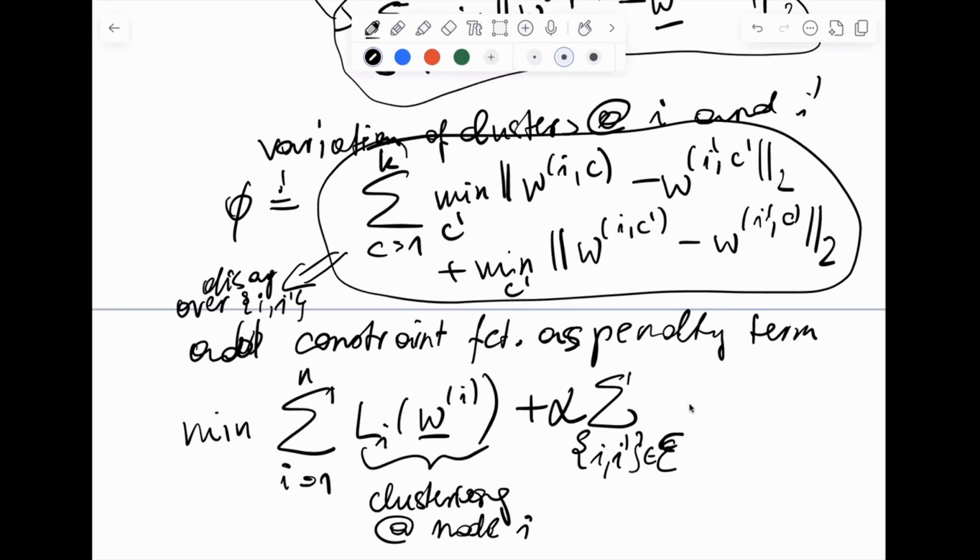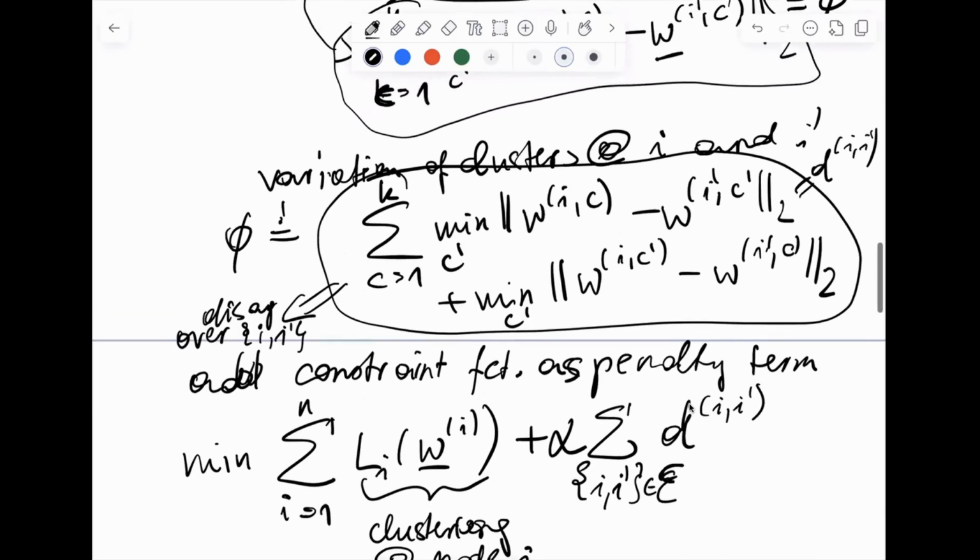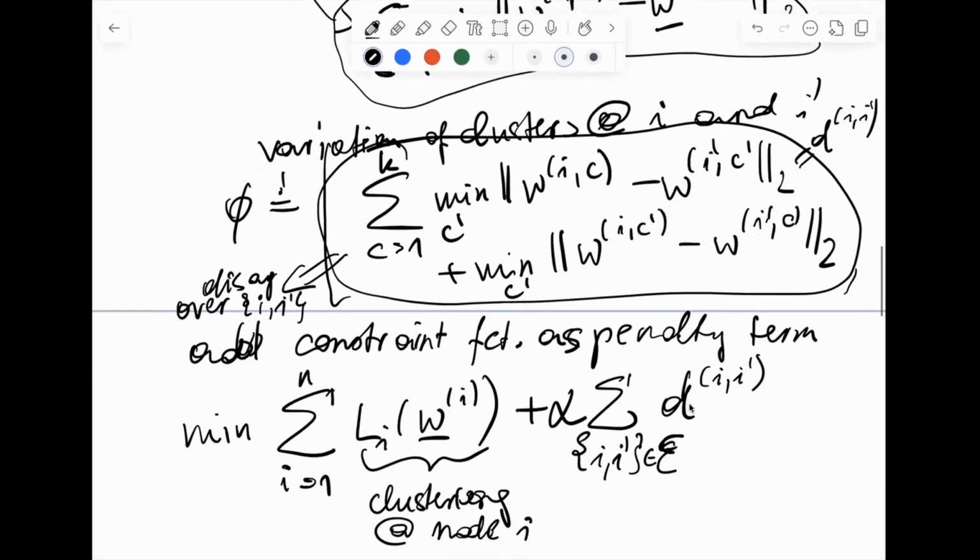And let's introduce the shorthand d I I prime for this whole term here. So we want to minimize this d I I prime over all edges. By the way, this is symmetric. So we have a measure between two connected nodes that doesn't depend on the order of the nodes.